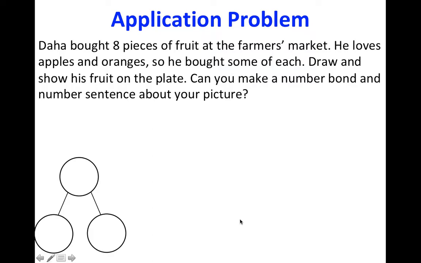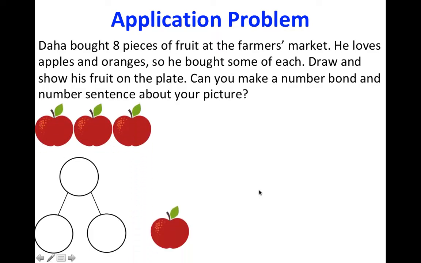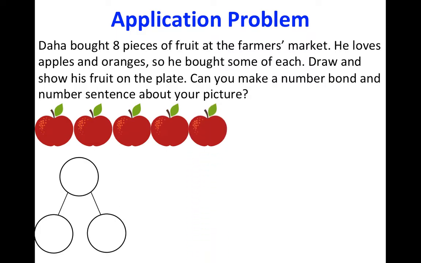It said Daha bought 8 pieces of fruit. So you can decide how many oranges and how many apples you want. I will do mine and you will do yours. So for me, I would say Daha bought 1, 2, 3, 4, 5, 6 apples and 2 oranges.